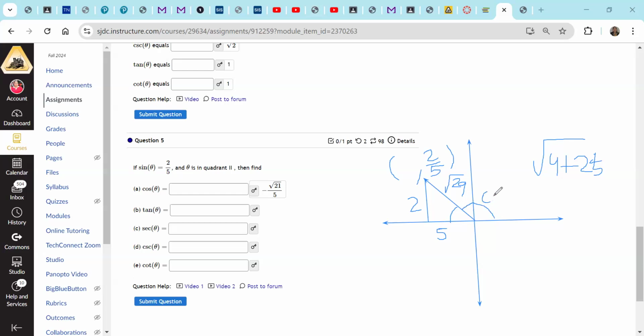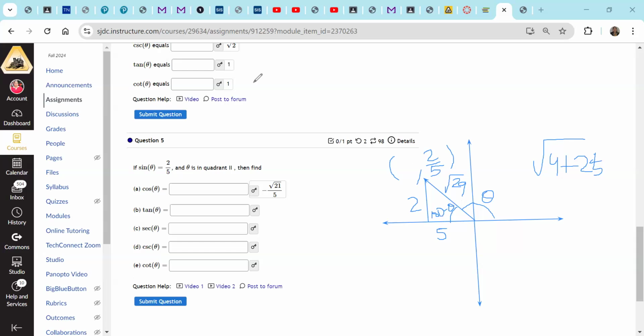And if that's theta, then this would be 180 minus theta. So we have to estimate that if they're marking it that way, because 29 is not visible there. They're showing 21 for that one.